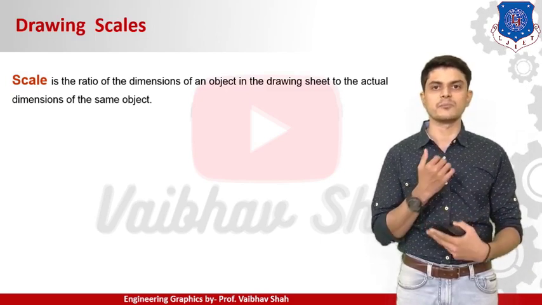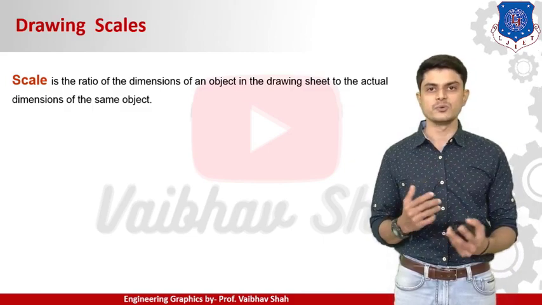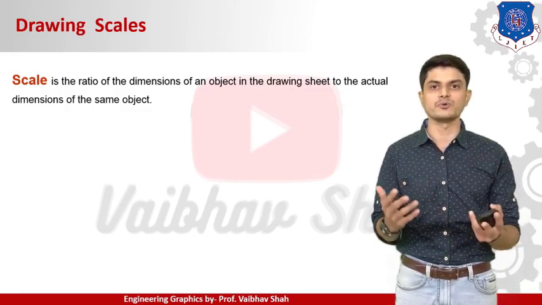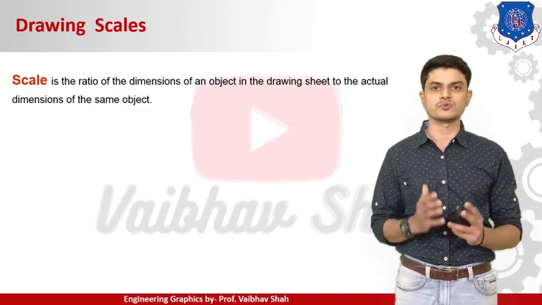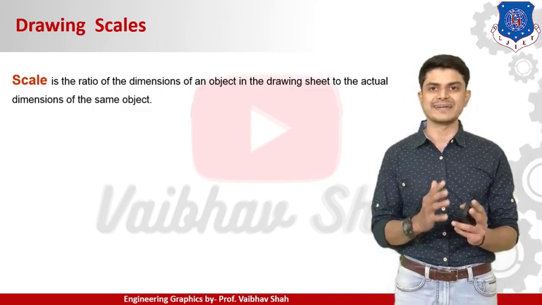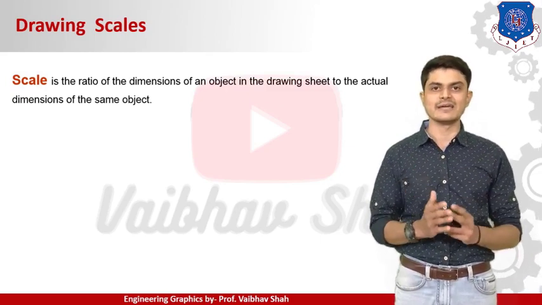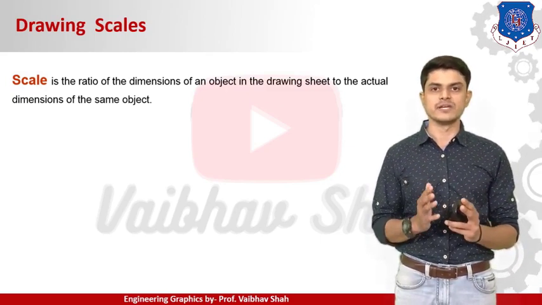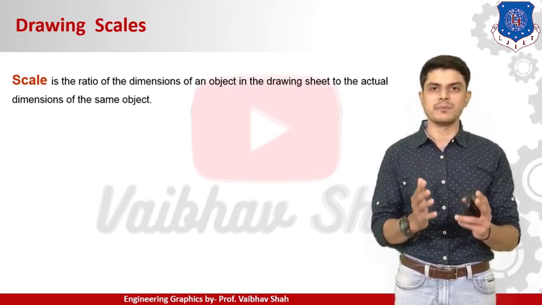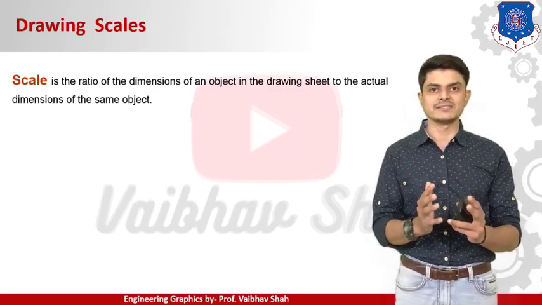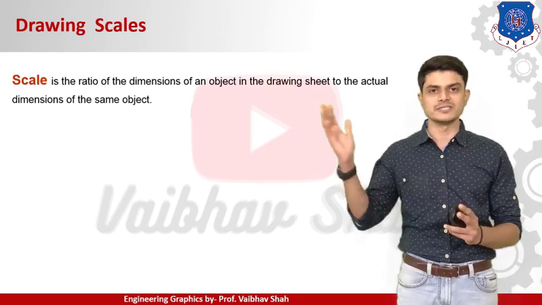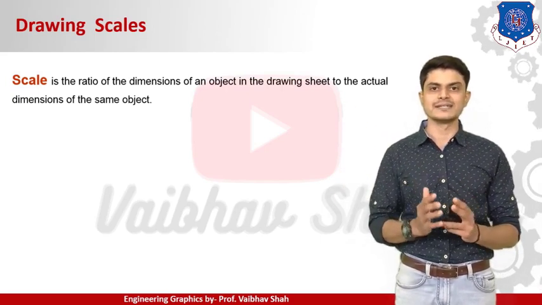If you need to draw the component drawing of a watch, you can't easily see the components, so how can you draw the watch parts on a drawing sheet? It is not always possible to draw any component directly on a drawing sheet. At that time we need the scale. We need to scale down or scale up the part dimensions for clear visibility and understanding. For that we'll be using this kind of scale. Let us understand its definition.